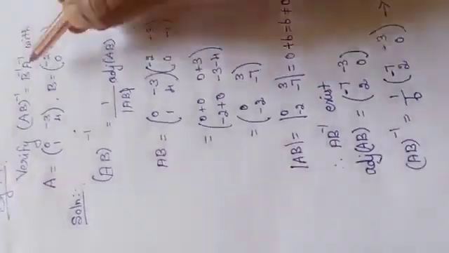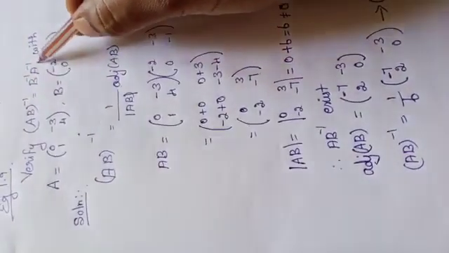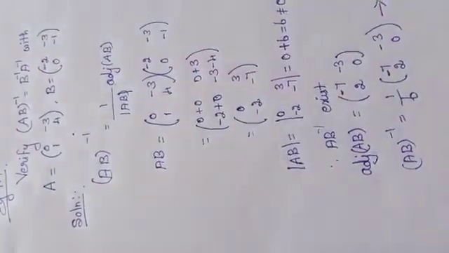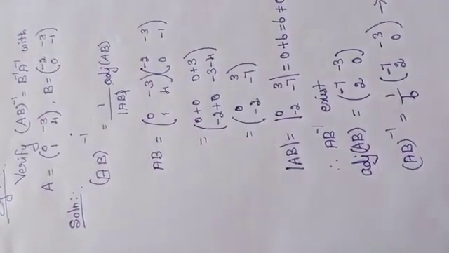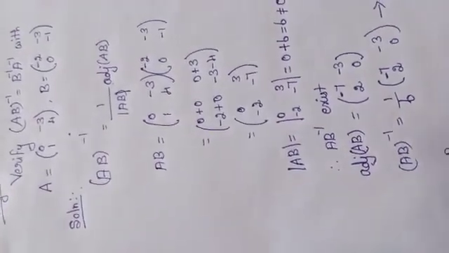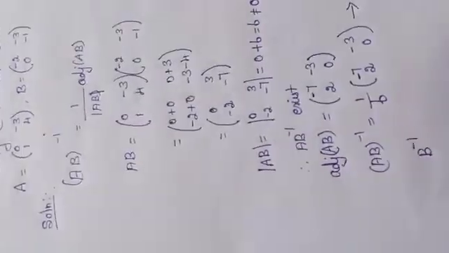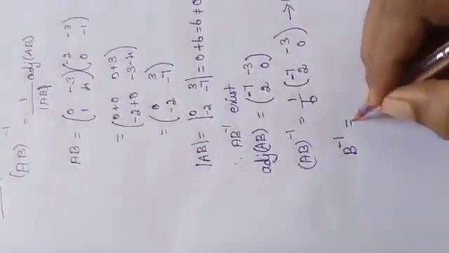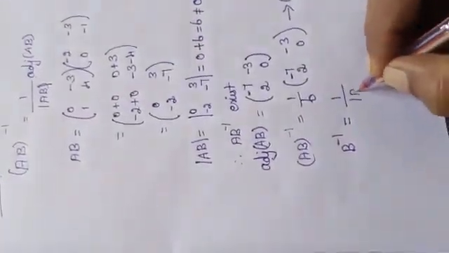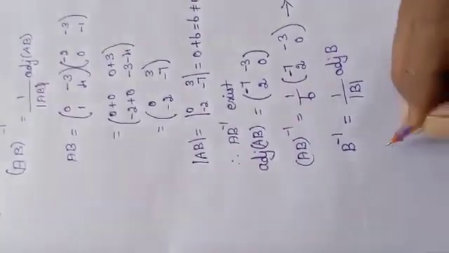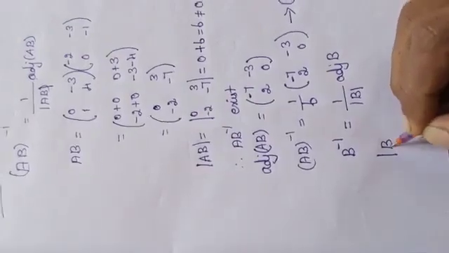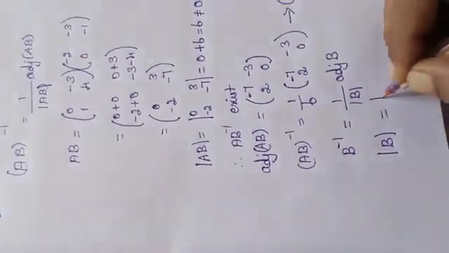So the right hand side is B inverse into A inverse. So what are the things we need? First we have to find out B inverse and A inverse. What is the formula to find out B inverse? 1 by determinant B into adj B. Anyway, first we can find out determinant B. What is that determinant?